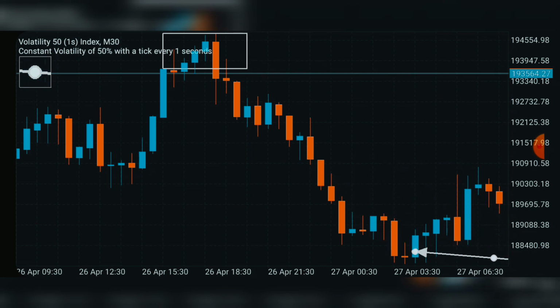This would be a bullish order block because it forced the market to go up in a bullish trajectory. Right here it came down and then it forced the market to go up bullish. So the last red candle before the green candles would be considered a bullish order block, and the last green candle before the red candle would be considered a bearish order block, right?